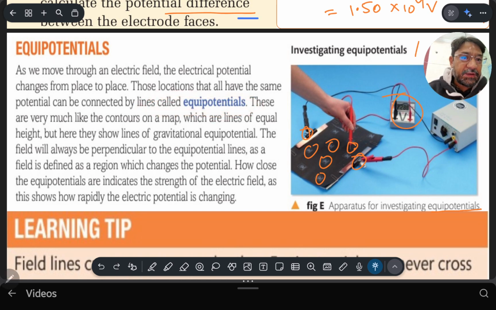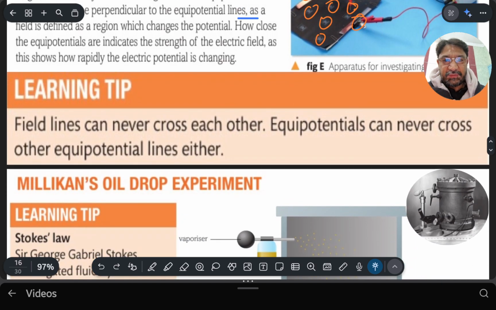Simply speaking, if I trace the position of a charged particle traveling from one point to another, whatever path we have at the same potential is your equipotential surface, or equipotential.